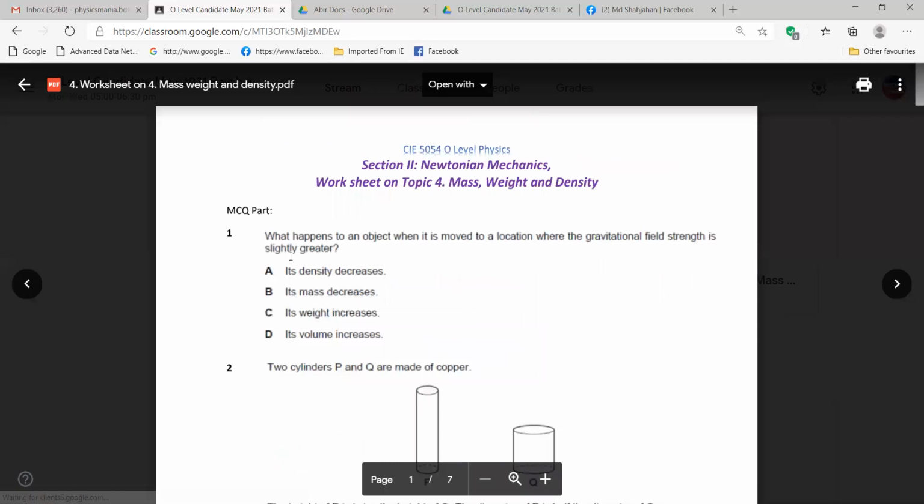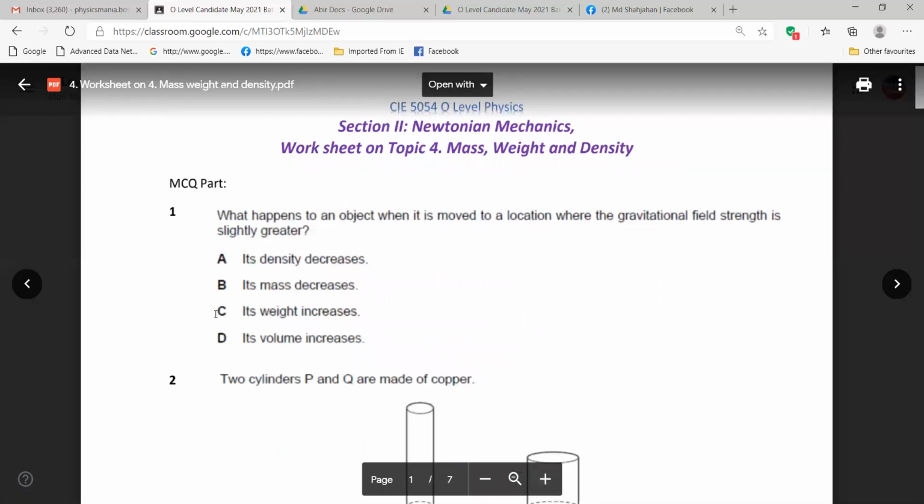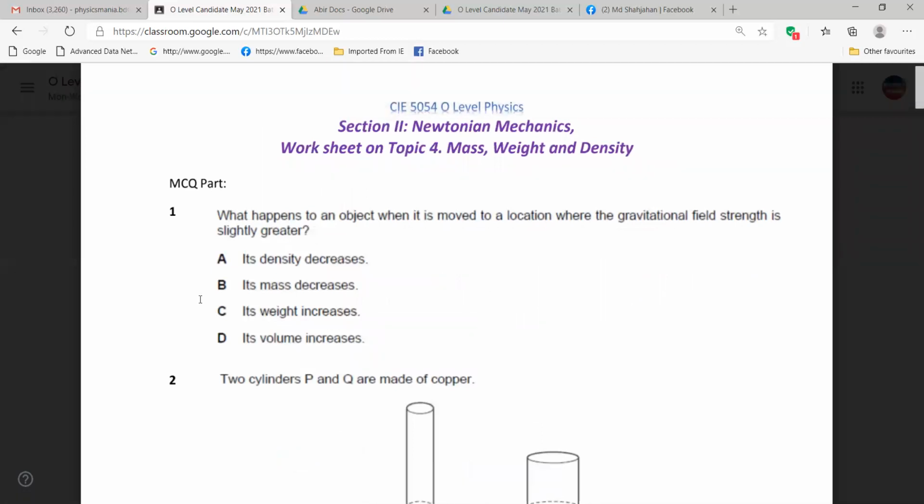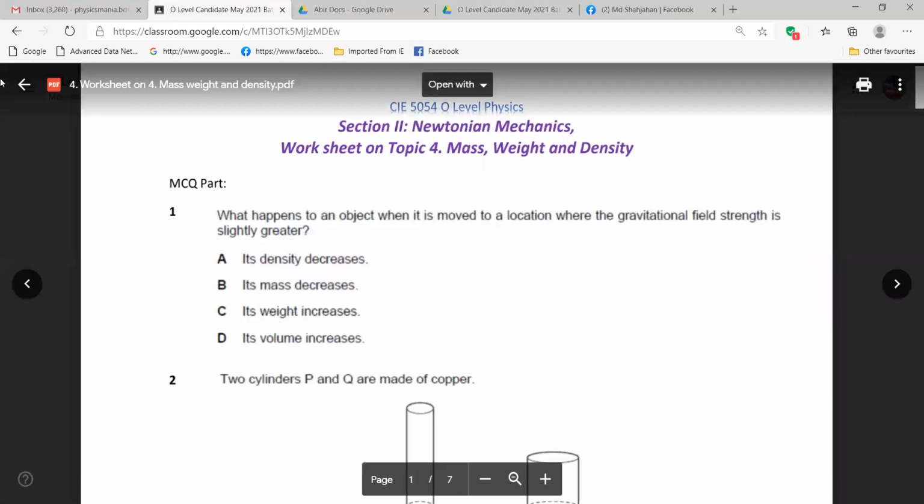Here we have. Can you read it? Read the MCQ, first one. What happens to an object when it is moved to a location where the gravitational field strength is slightly greater? So what will happen? They are saying gravitational field strength is slightly greater, right?